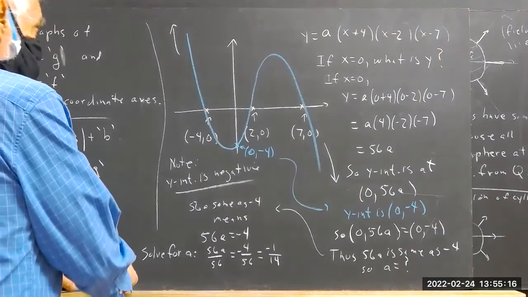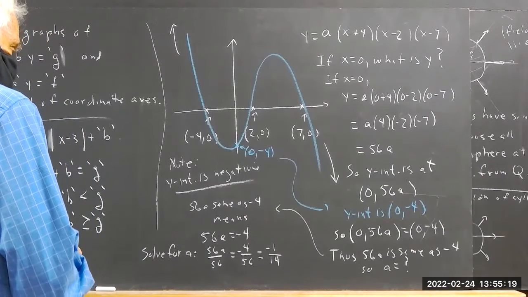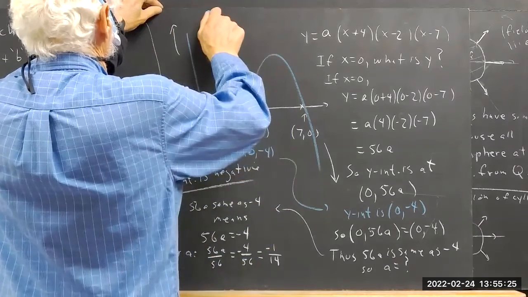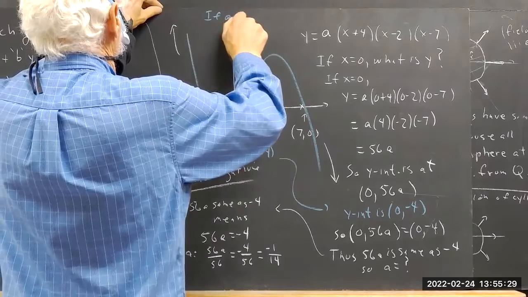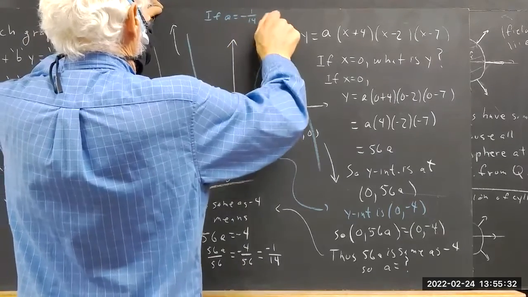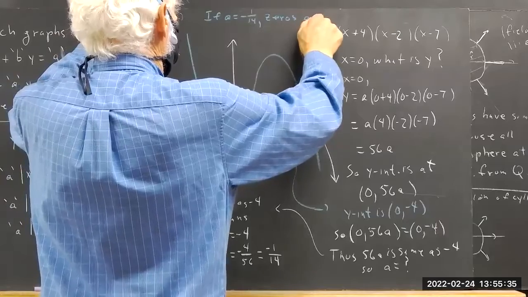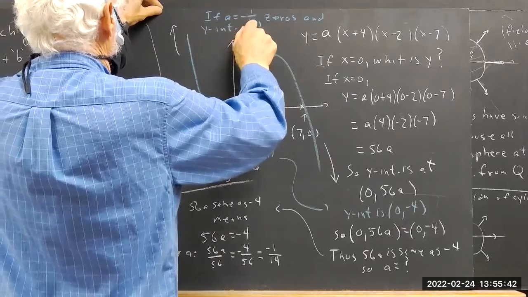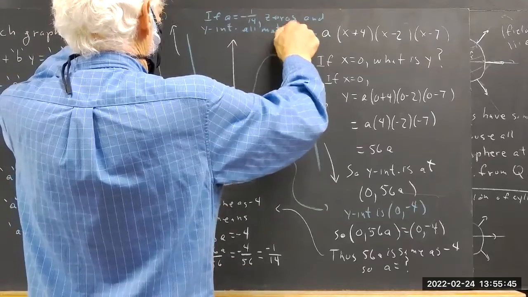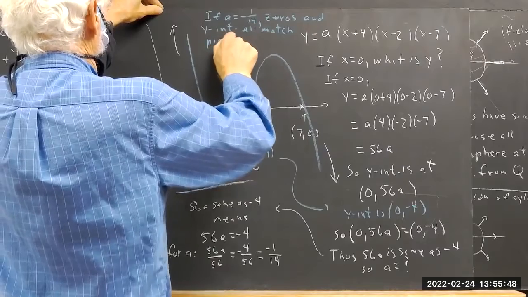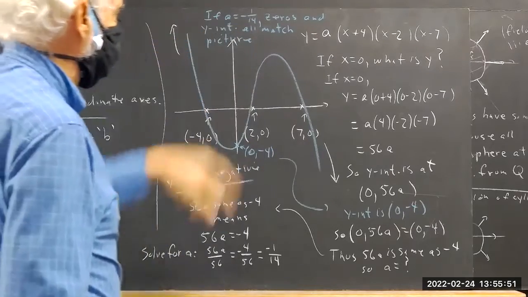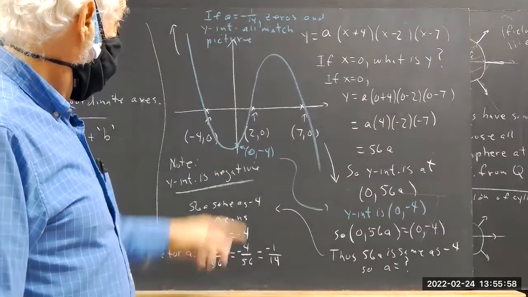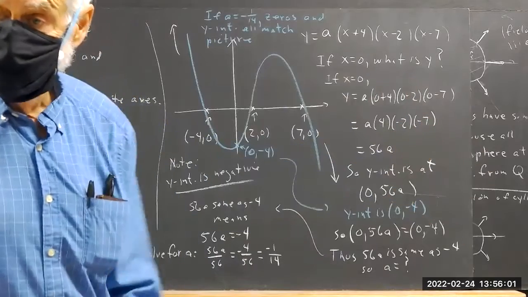Okay, so if a is -1 over 14, the zeros are what they are, and the y-intercept matches what somebody chose the y-intercept to match, right?